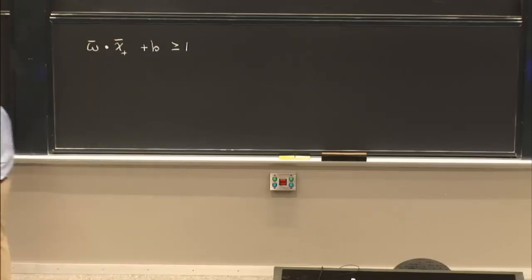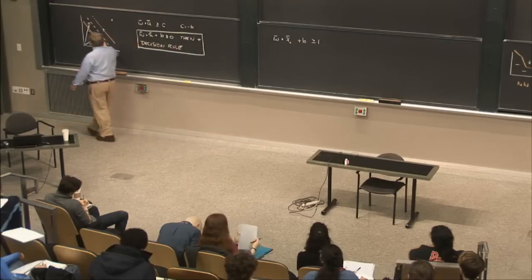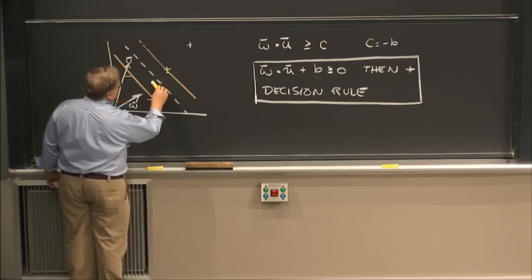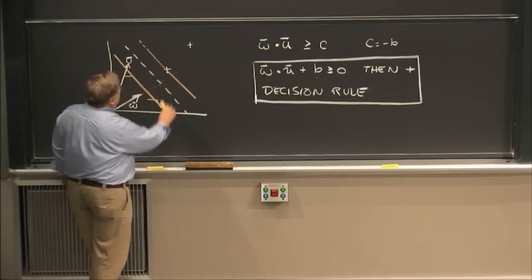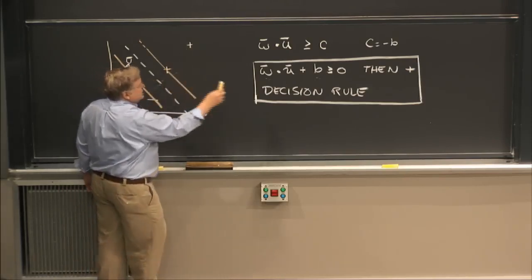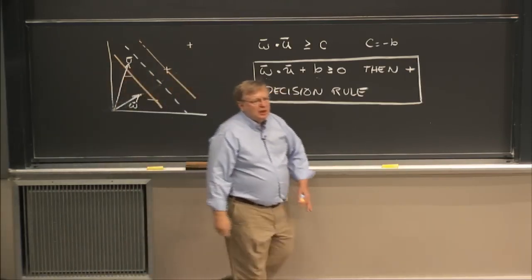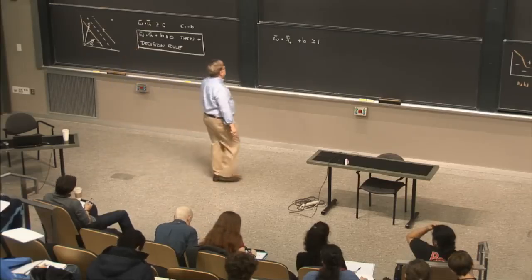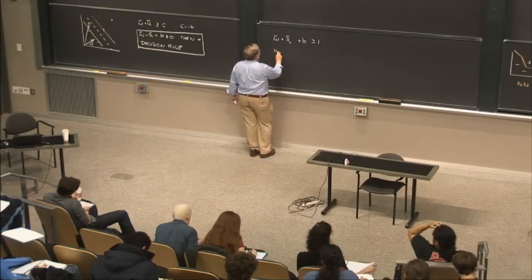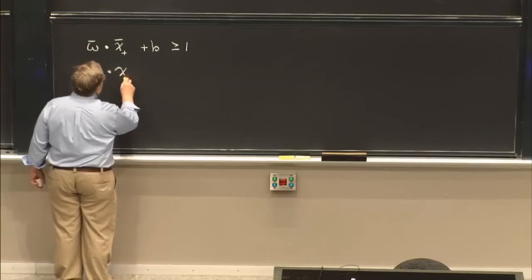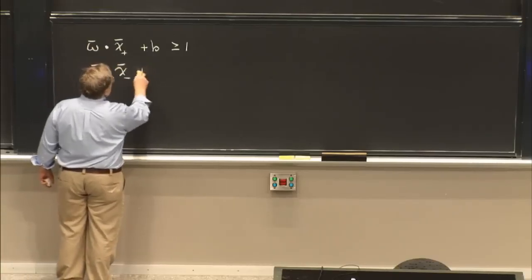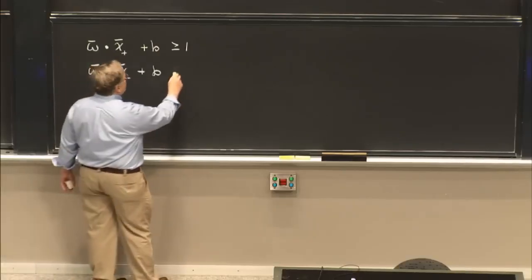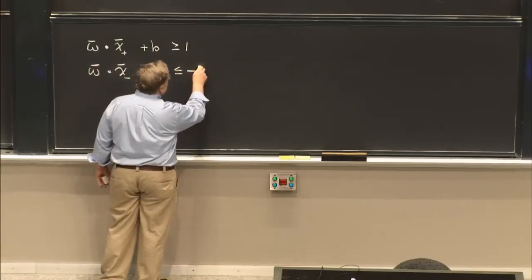So in other words, you can be an unknown anywhere in this street and be just a little bit greater or just a little bit less than 0. But if you're a positive sample, we're going to insist that this decision function gives a value of 1 or greater. Likewise, if W dotted with some negative sample is provided to us, then we're going to say that that has to be equal to or less than minus 1.